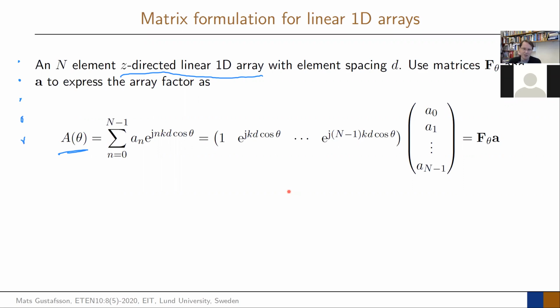Each of these elements, some antennas, receives a specific signal, and they receive this signal a_n. So the first one is a_0, and then a_1 and a_2 as I move up. So they get different signals. And then what sits up here in the rest of this formula, this e raised to n k d cosine theta, is the distance to the receiver as a function of the theta angle.